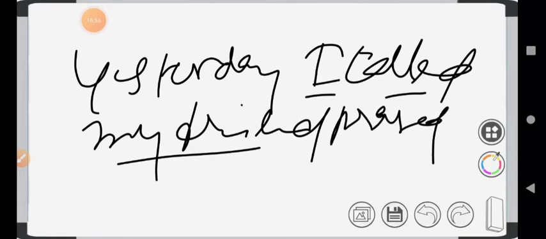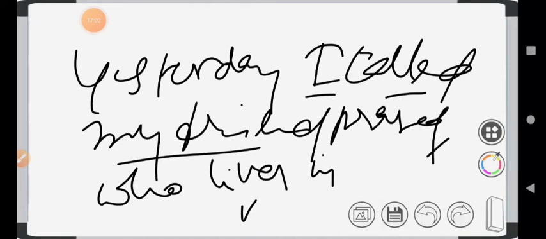I will also mention the name. My friend Prasad, who lives in Nellore. Yesterday I called my friend Prasad, who lives in Nellore.